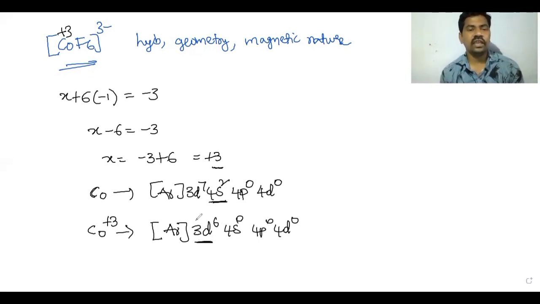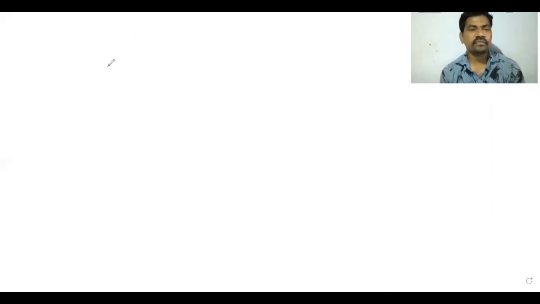Next, these 6 electrons will be arranged in the d orbitals.